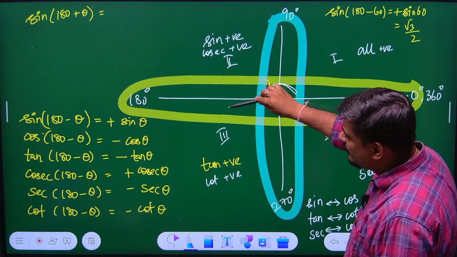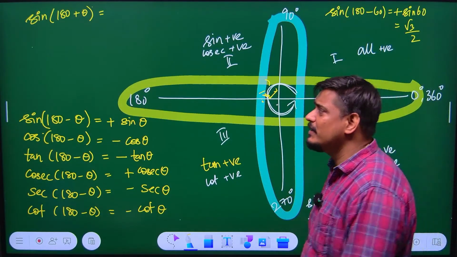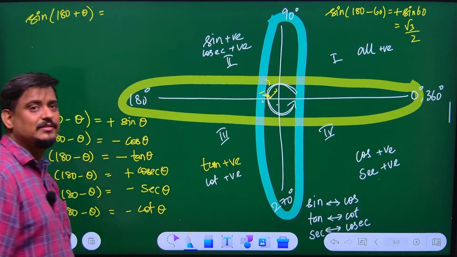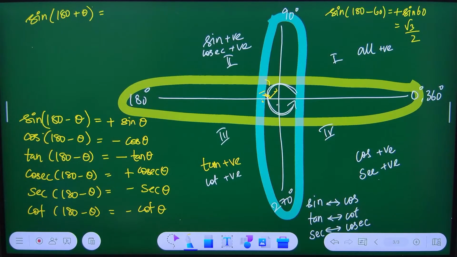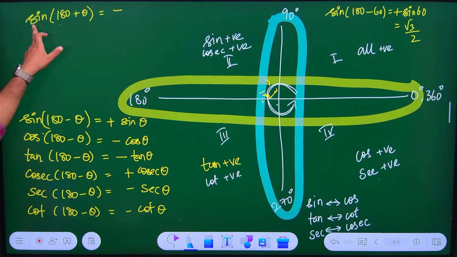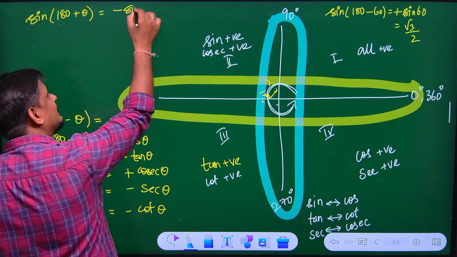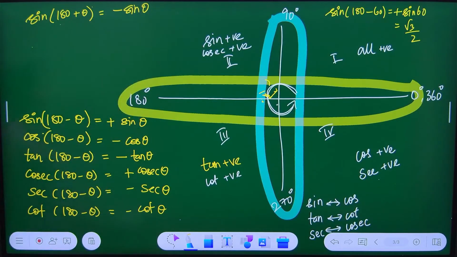Which quadrant are we entering? Third quadrant. In the third quadrant, sine is positive or negative? Negative. So minus will come. With the 180 line, will sine remain sine or become cos? Sine, sir. Yes, so the answer is minus sine theta. I hope you understood.